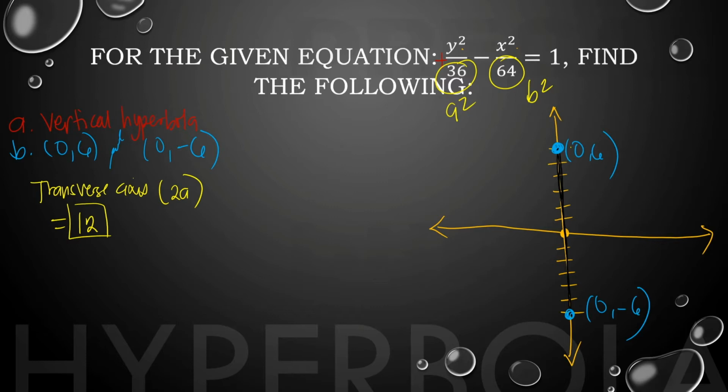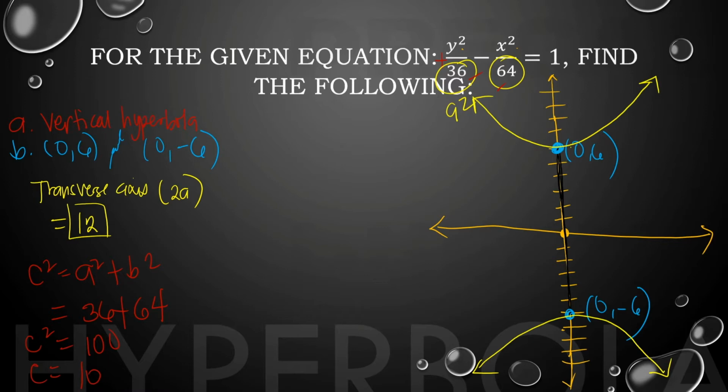And then, next is hahanapin natin yung foci. Kanina, yung Pythagorean theorem, c squared is equal to a squared plus b squared. Since given na naman yung a squared and b squared, ito yun, 36 and 64. So, 36 plus 64, c squared is equal to 100. Square root ng 100 is equal to 10.